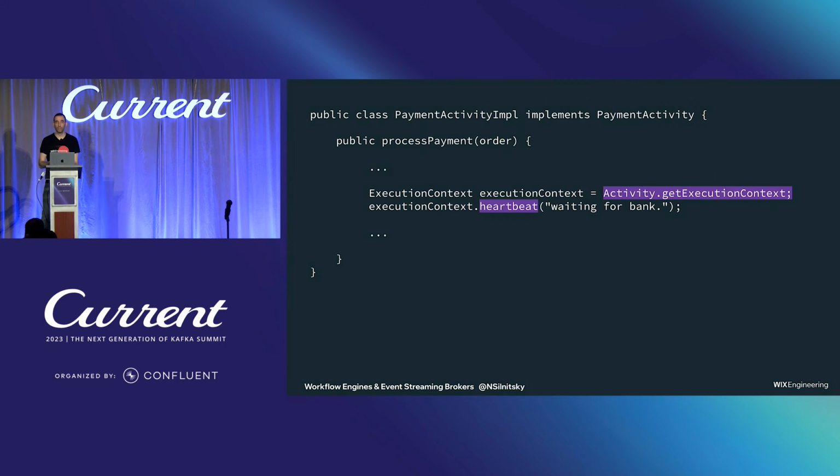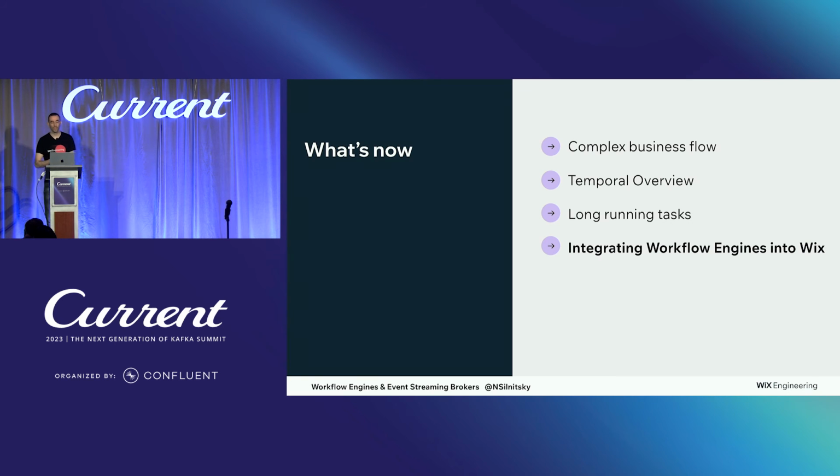So all you need to do is get the execution context from the SDK, call the heartbeat from time to time, and you're set. No worries, no mental overhead here. Okay, interesting. So Temporal does give us a few really cool things that we can utilize.